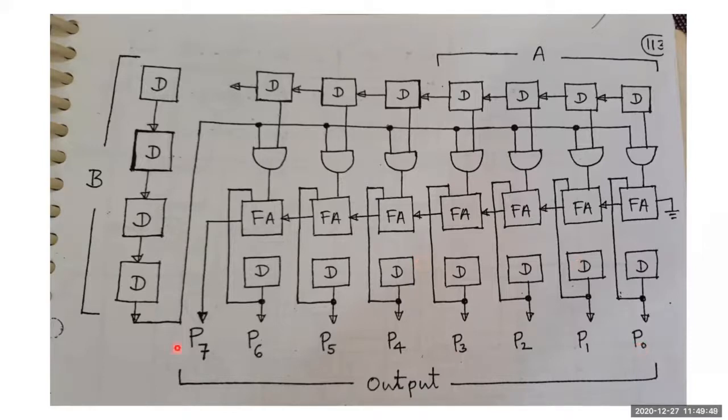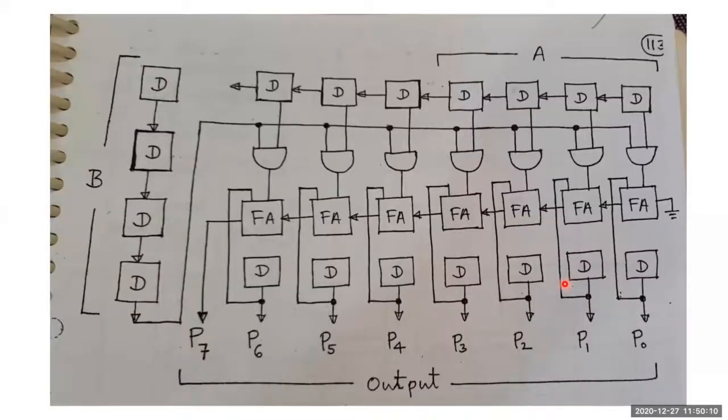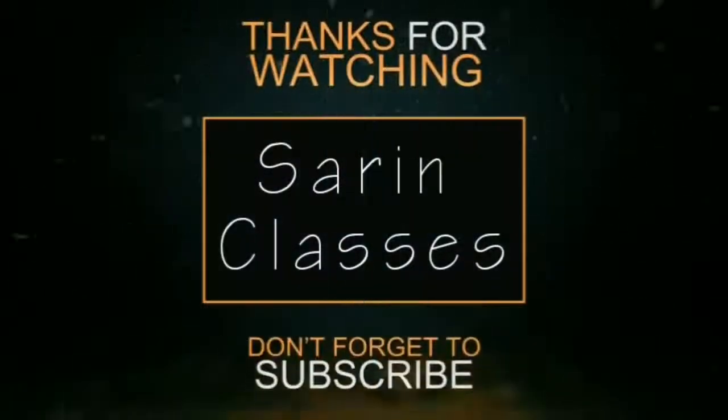So the output will be P7, P6, P5, P4, P3, P2 and up to P0. If you are multiplying a 4-bit number and a 4-bit number, the multiplicand is 4-bit and the multiplier is 4-bit. If you multiply these two 4-bit numbers, you will get an output of an 8-bit number. So this was regarding this binary multiplication, which is also called serial parallel.